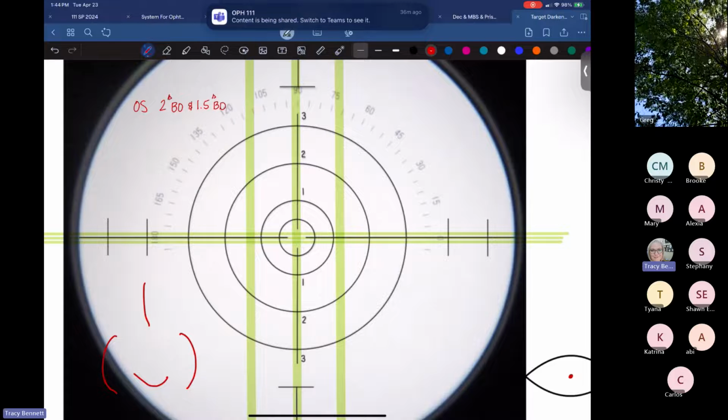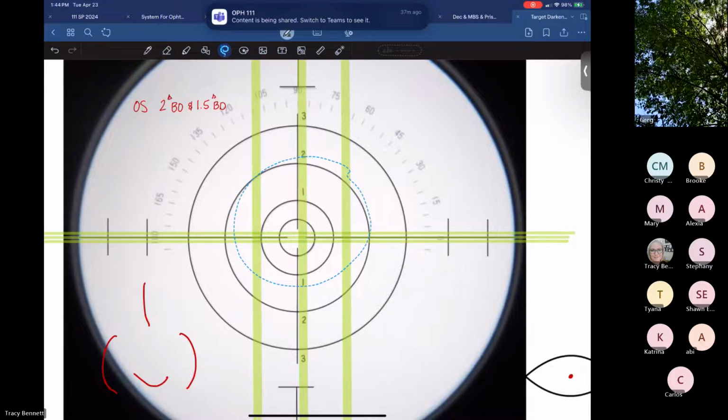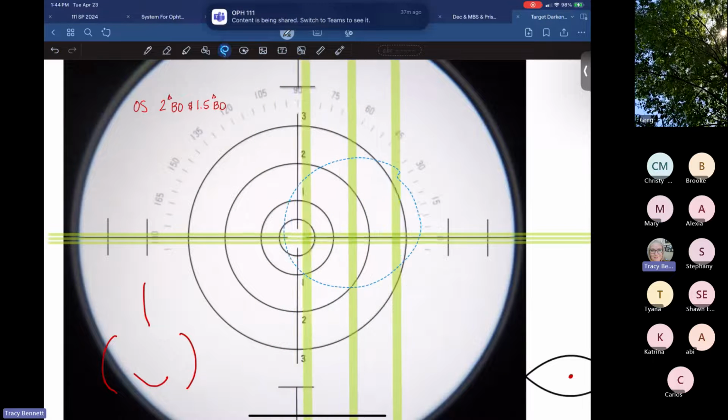So I've got 2 base out and 1.5 base down. So I would just move my lens to exhibit. Am I going to be going out to the right or into the left? To the right. Out to the right, right?